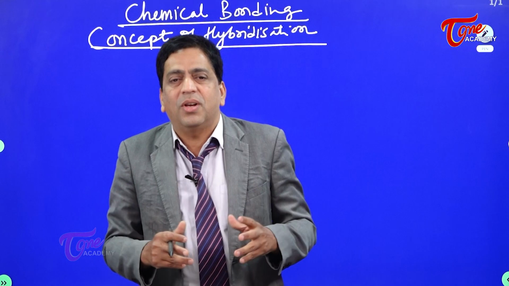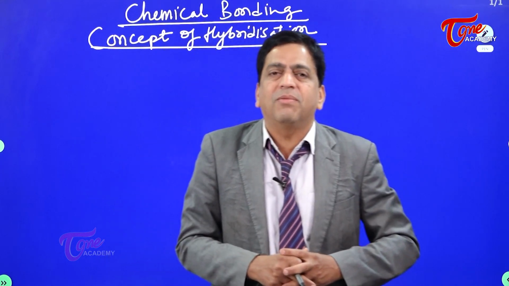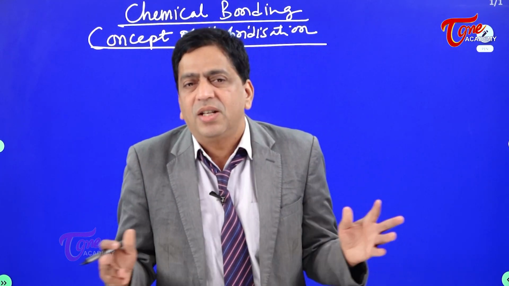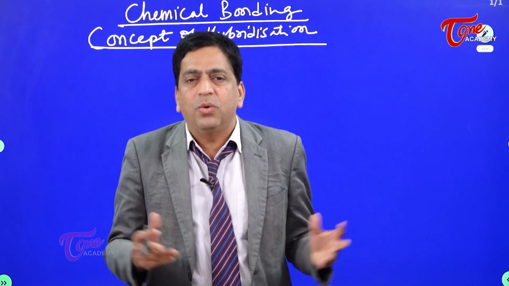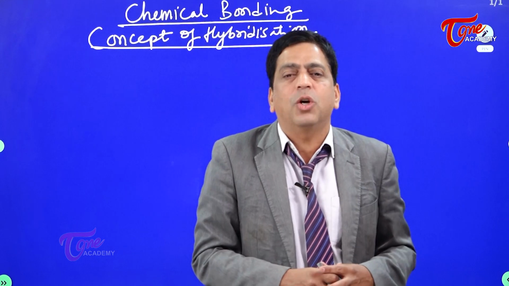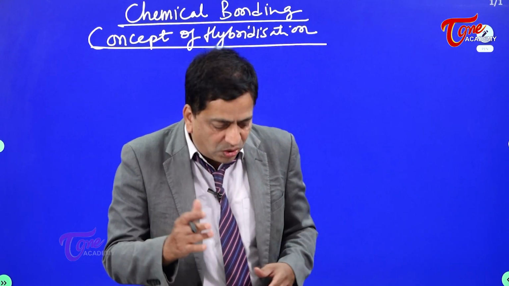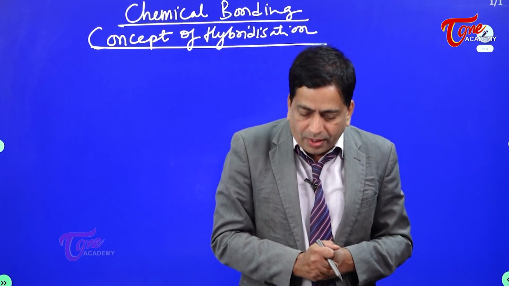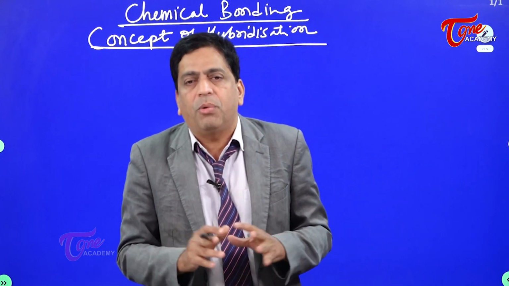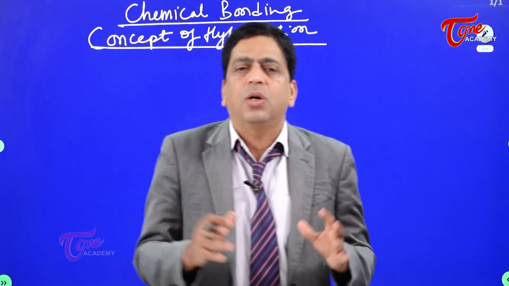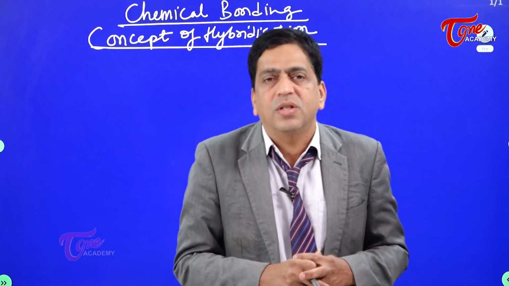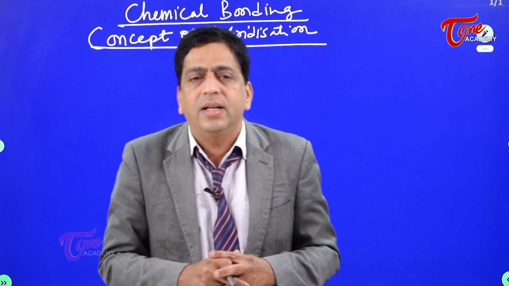So delocalization happens when the concept of overlapping has been introduced. When delocalization is happening, that's where energy is lost, and thereby you gain stability. That's where the strength of the covalent bond has been attained. This is the discussion we had yesterday. So remember one final point before I get into the concept of hybridization: the strength of the covalent bond is achieved by the concept of overlapping proposed by Linus Pauling.